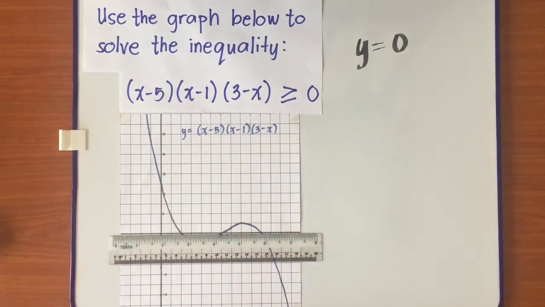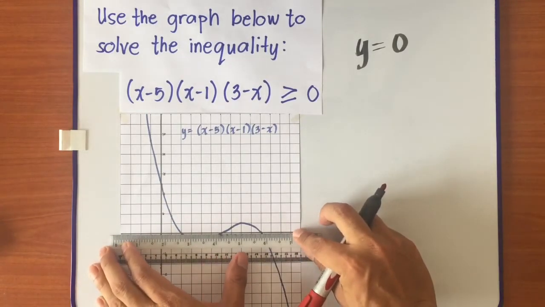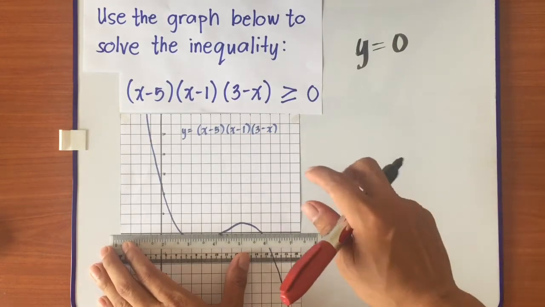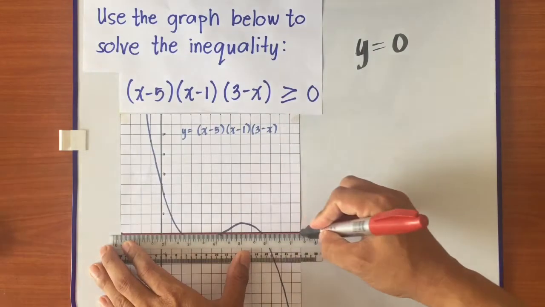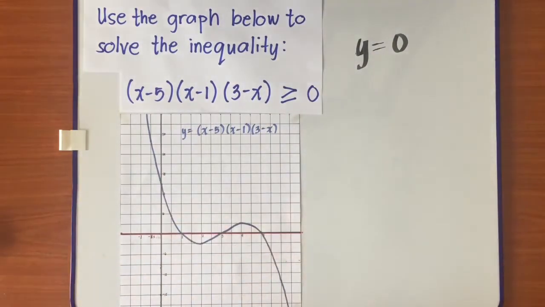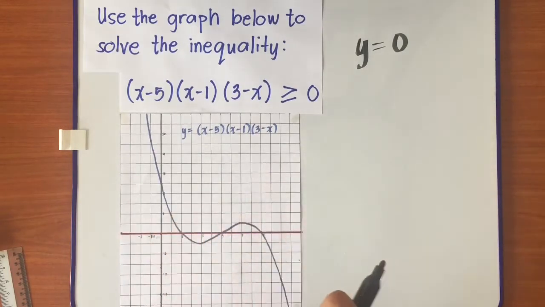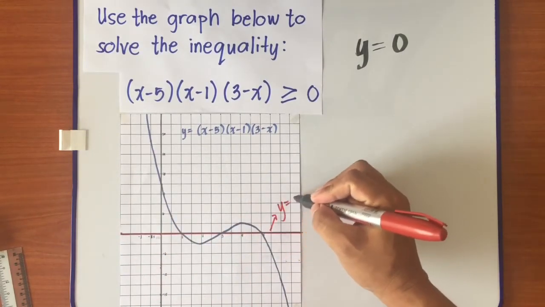I'm just going to draw y equals 0 over here. And remember, y equals 0 is also the x-axis, this part. Okay, so it's very clear that I have drawn a red line over here, which is y is equal to 0.